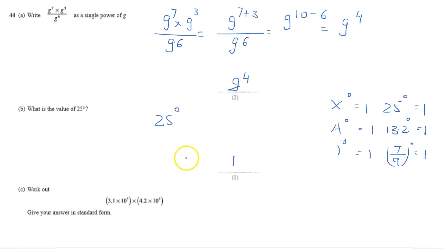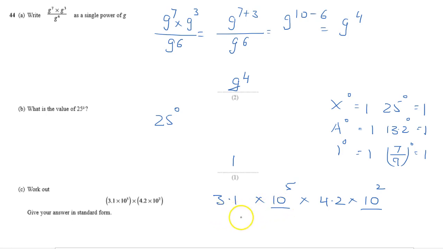Part C. 3.1 multiply 10 to the power 5 multiply 4.2 multiply 10 to the power 2. Now these are the same base, so we can calculate 3.1 multiply 4.2.